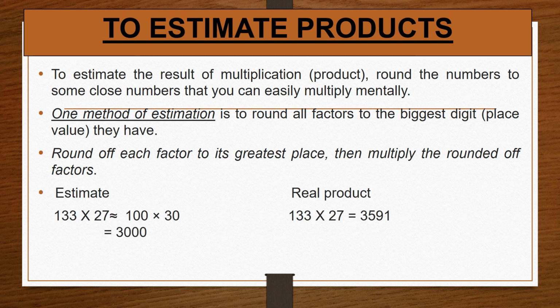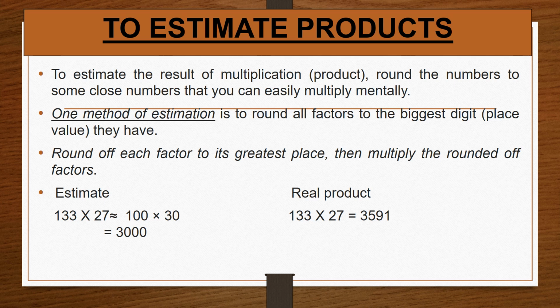Here is an example. 133 multiplied by 27. Here in 133, the tens digit is 3, so this number is rounded down to 100. In 27, the ones digit is 7, so this number is rounded up to 30.